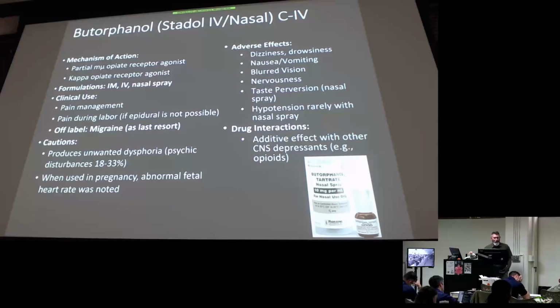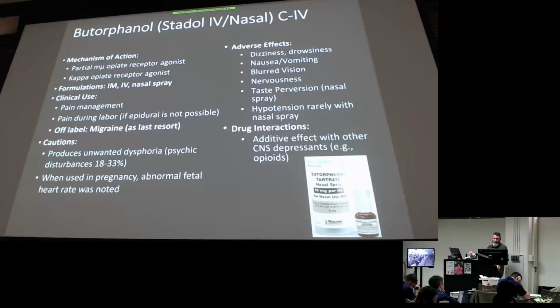The butorphanol or Stadol IV or nasal. Once again, this is a controlled substance. Mixed opioid agonist available in a nasal spray. It's kind of similar to tramadol, which y'all learned in depth about like last block, right? This is your last option for a migraine, right? Last resort for an intractable migraine.